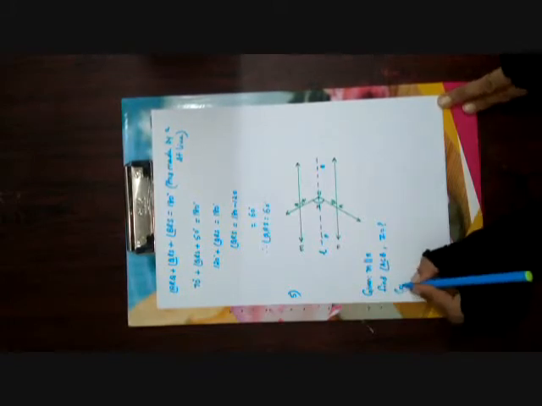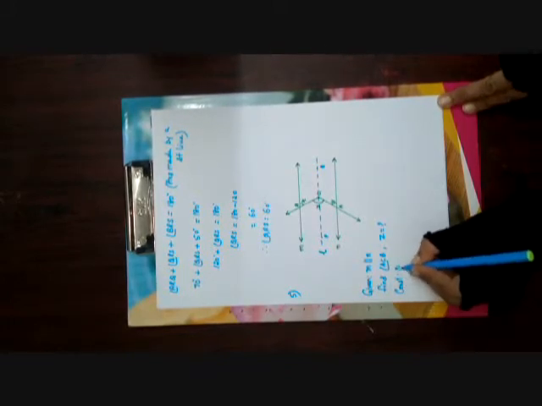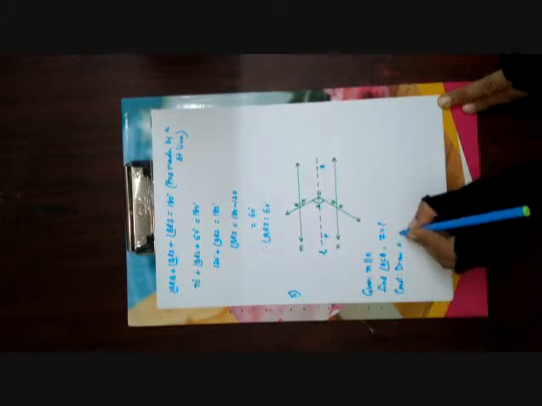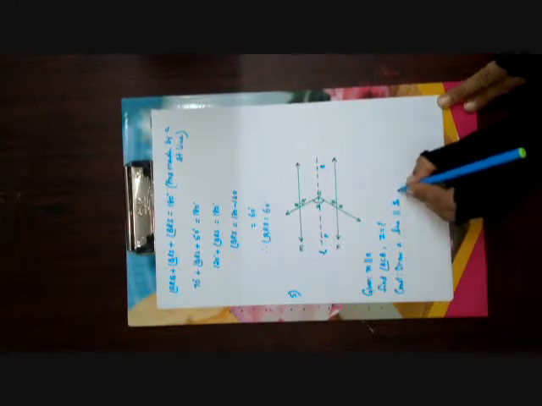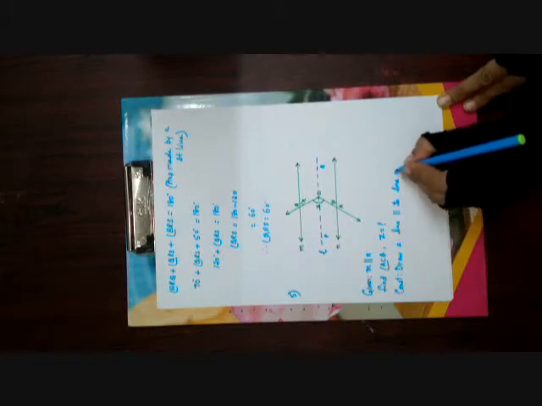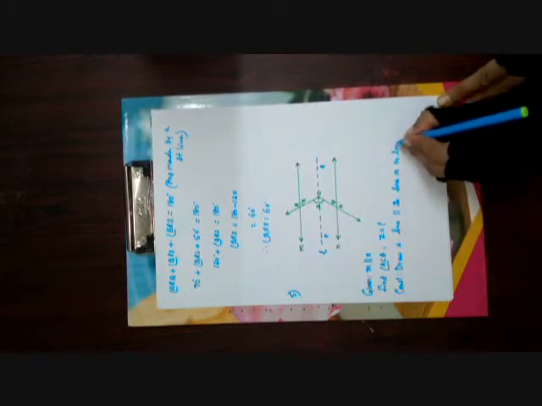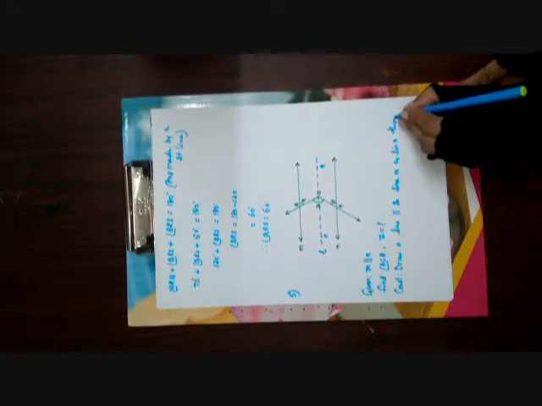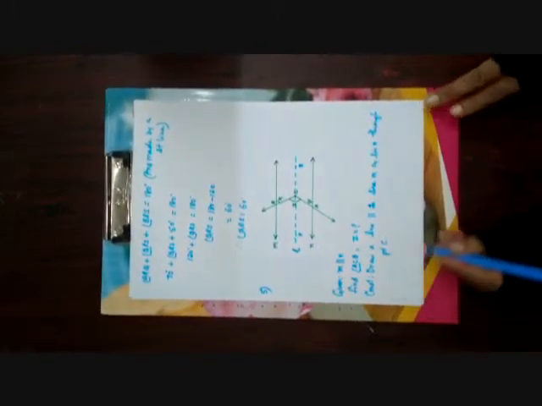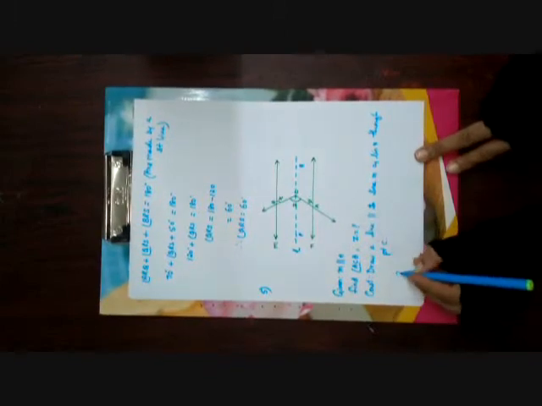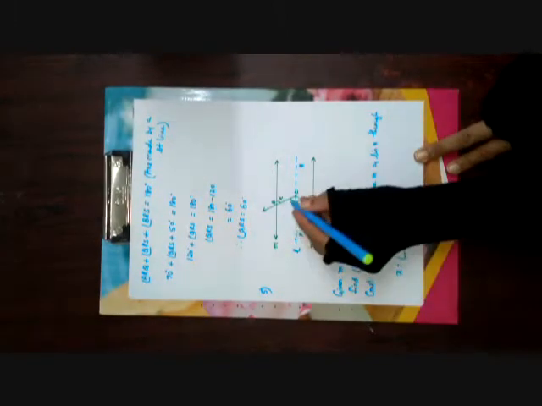Now let us write the construction done children. We have to draw a line parallel to line M and line N through point C.